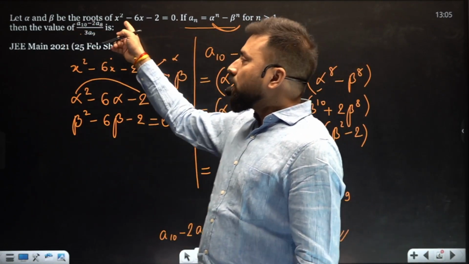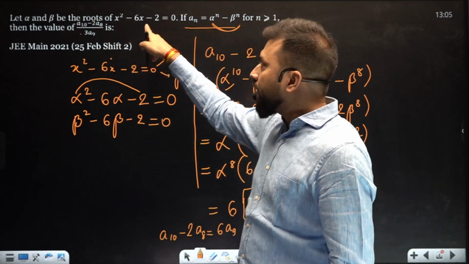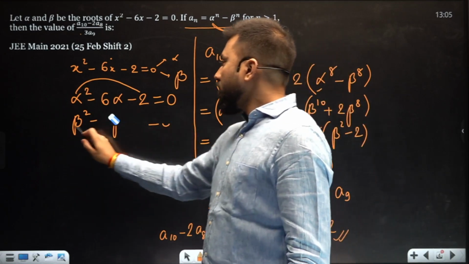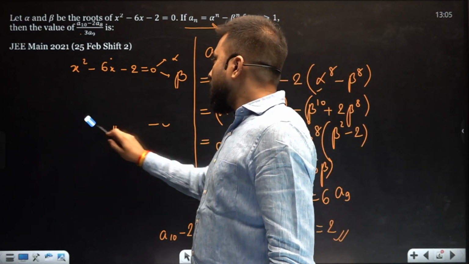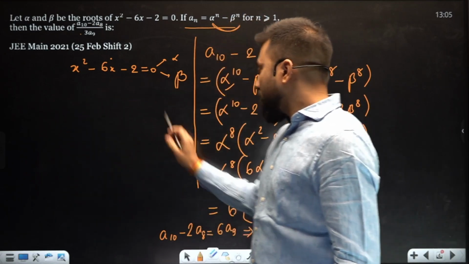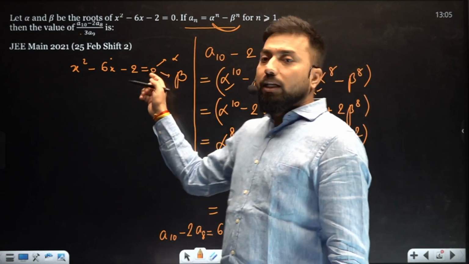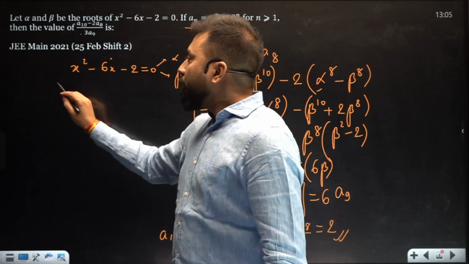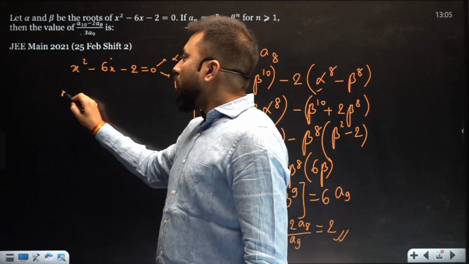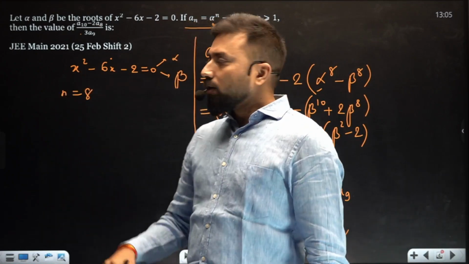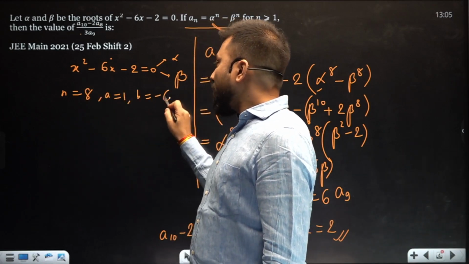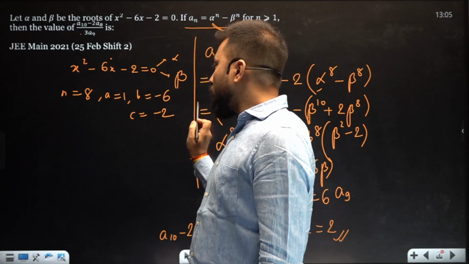So if I use this particular identity in this equation, which is x square minus 6x minus 2 equal to 0, right? Now I am taking n equal to 8. What is the value of a? A is 1, b is minus 6 and c is minus 2.